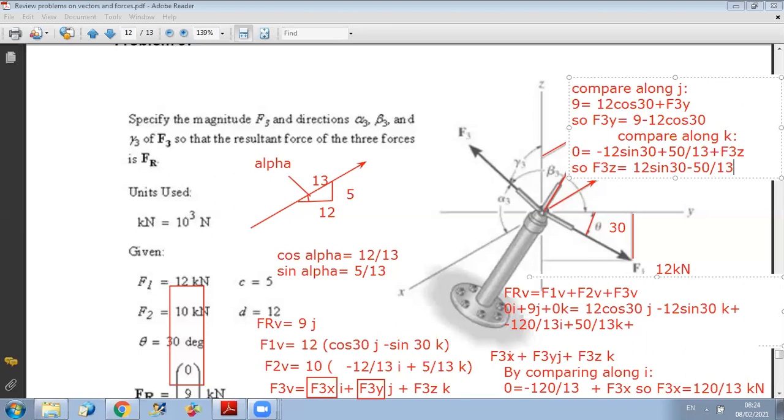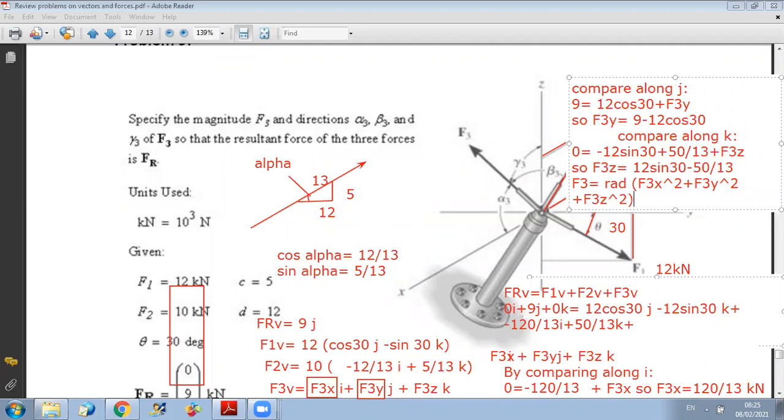Now I know vector f3 since I have calculated f3x, f3y, and f3z. But they want me to find the magnitude and the direction angles. Once I find fx, fy, fz, it becomes very simple because the magnitude of f3 is the radical of f3x squared plus f3y squared plus f3z squared, and you know how to do it.